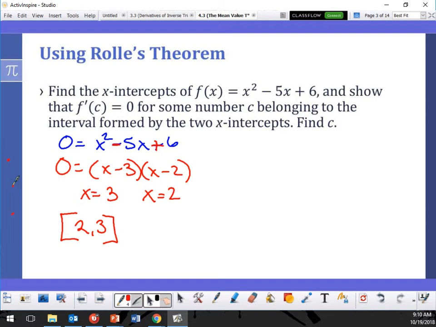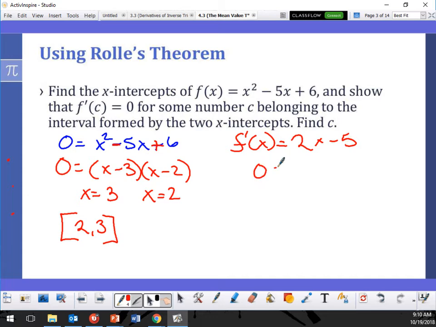All right, so let's go ahead and take the derivative. So f prime of x is equal to 2x minus 5. So knowing that, I know that this has to equal 0, right? So I'm going to set my derivative equal to 0.